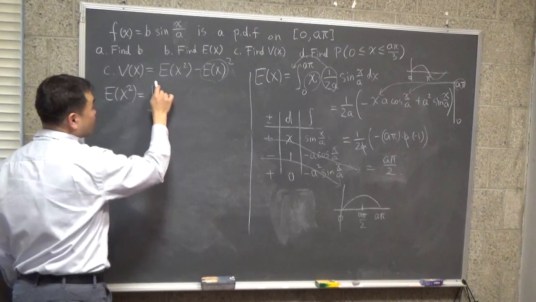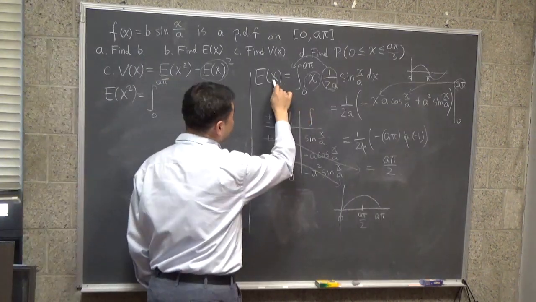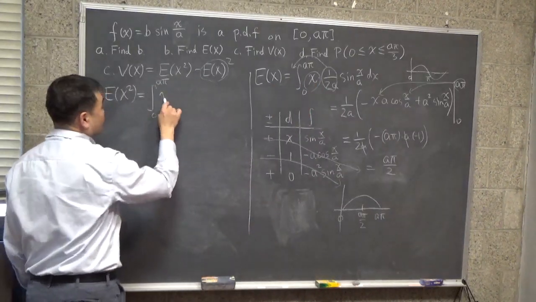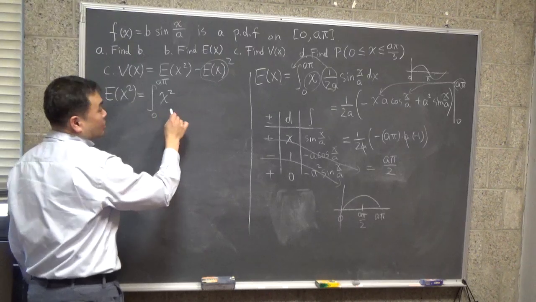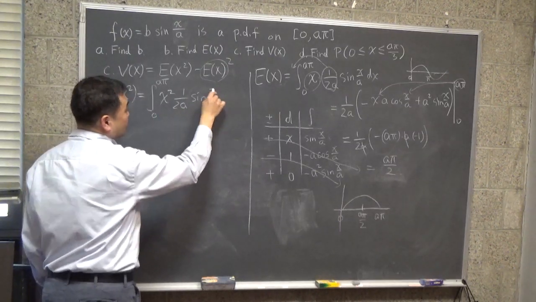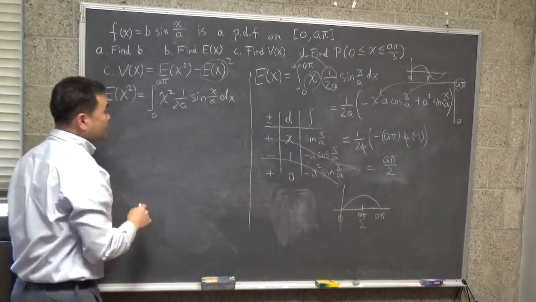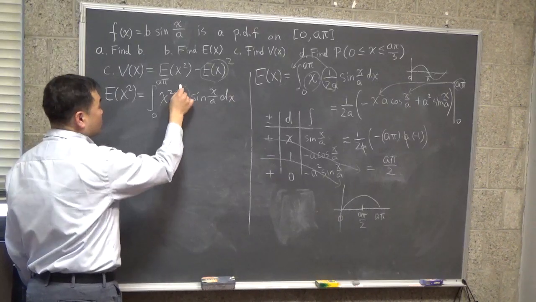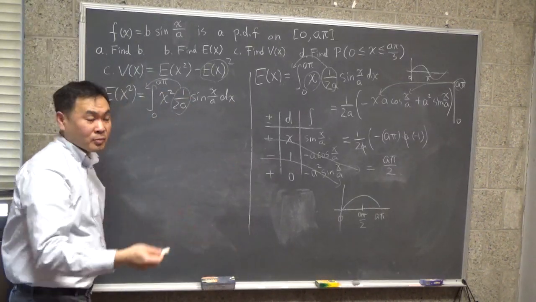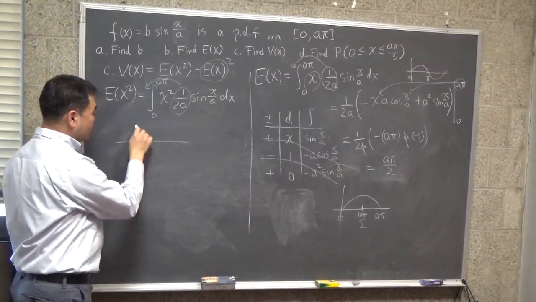So this calculation is exactly like the one that we just did, except that now instead of x, we use E of X squared. So this is x squared, and then 1 over 2a sine x over a dx. You pull this out and just do another one of these tabular integration. Let's do that.